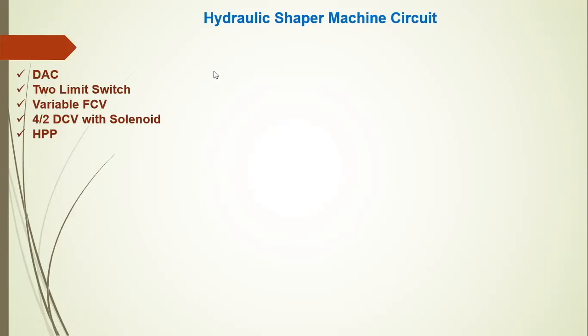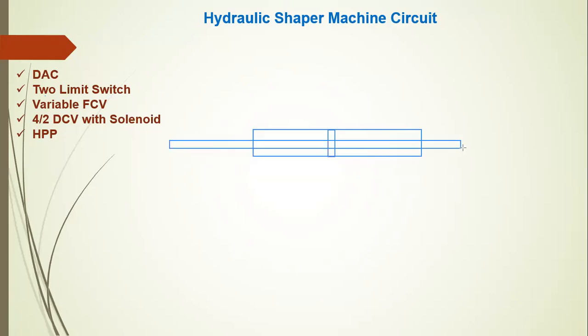Here we draw the simple basic diagram for a hydraulic shaper machine. Here is one double acting cylinder and one connecting rod. The connecting rod reciprocates between two points and cuts the metal from the workpiece. The cylinder is stationary and the workpiece is stationary.